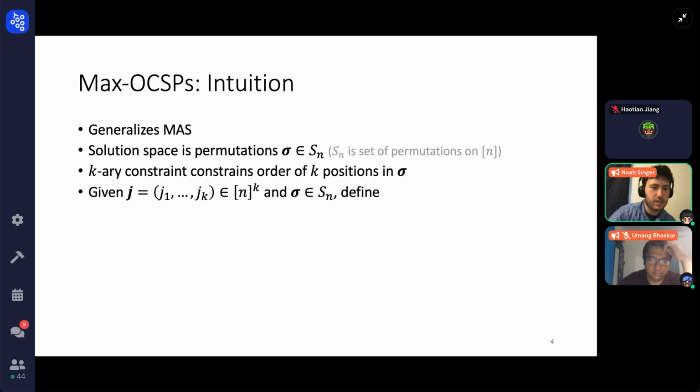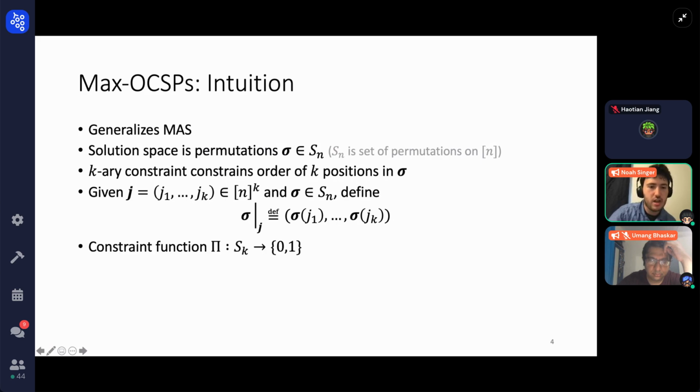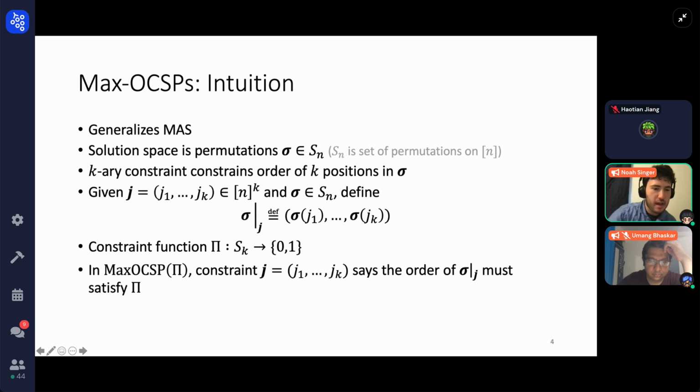So just some notation: given J, which is a k-tuple of indices, and an assignment sigma, we can define sigma restricted to J as just the values sigma of J1 up to sigma of Jk. So a max OCSP problem will be specified by a constraint function pi, which specifies some allowed orderings on k variables. And in the max OCSP pi problem, a constraint J says that the order of an assignment sigma restricted to J must satisfy the property pi. So this is a lot.